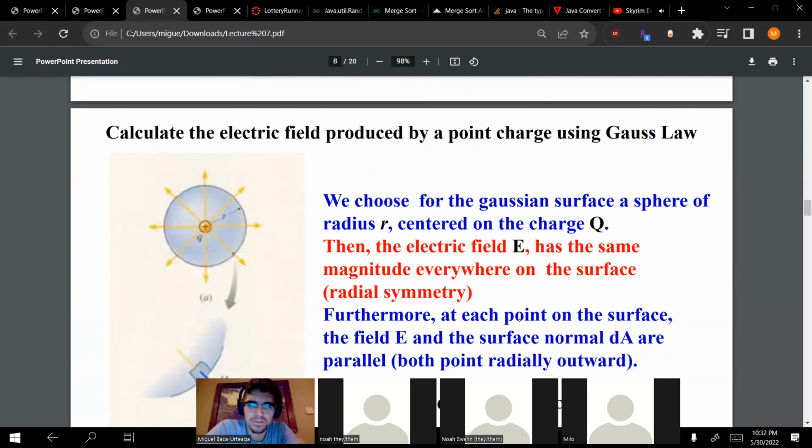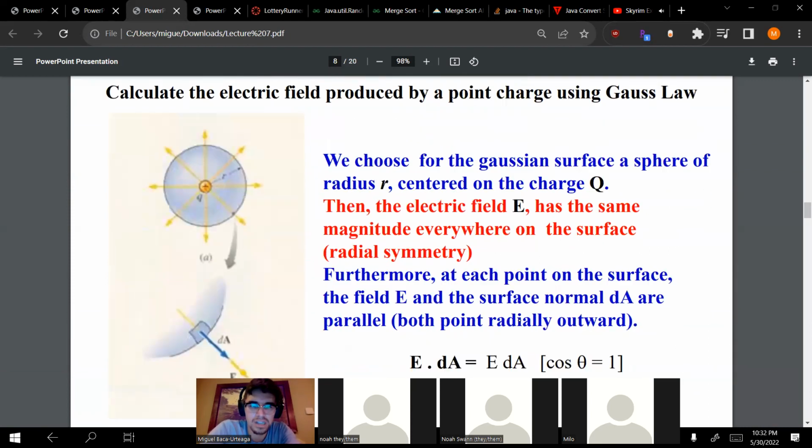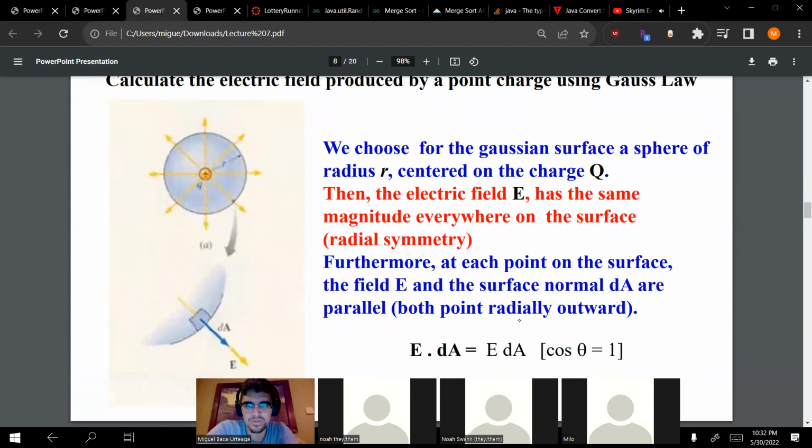Calculate the electric field produced by a point charge using Gauss's law. We choose for the Gaussian surface a sphere of radius r centered on the charge q. Then the electric field E has this, okay, actually wait, we have an example question that we can do here.